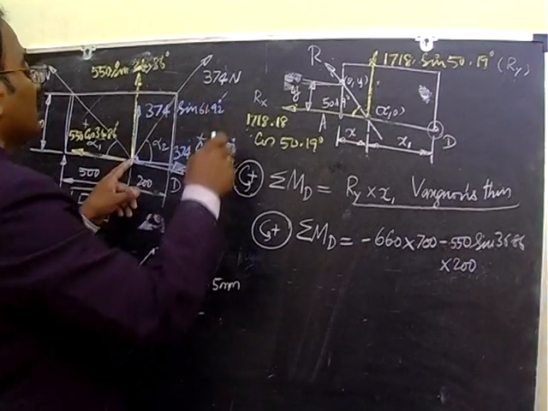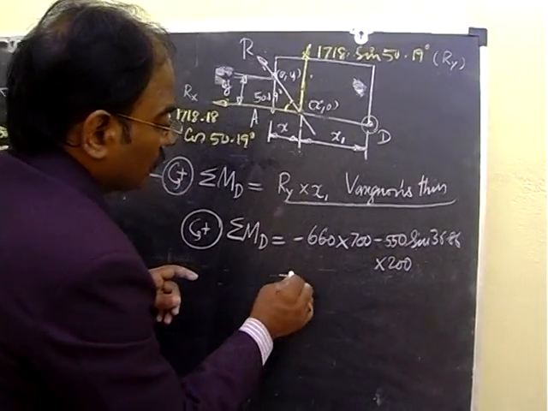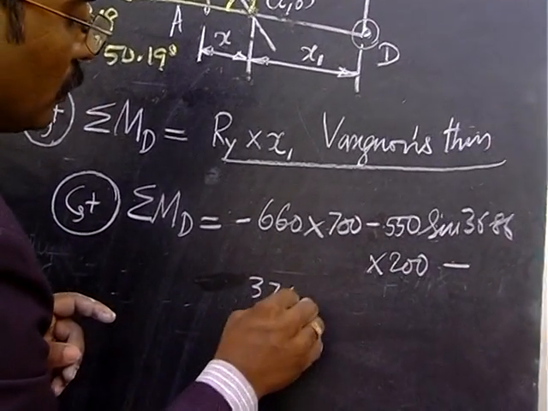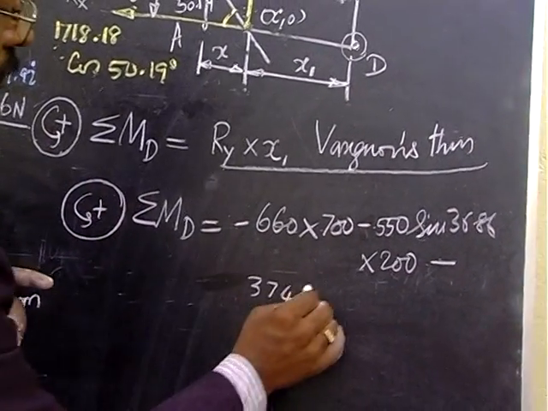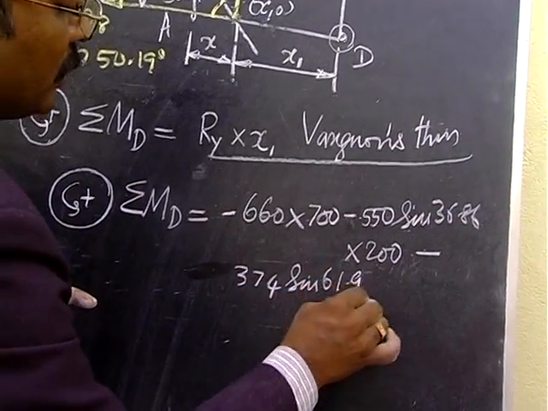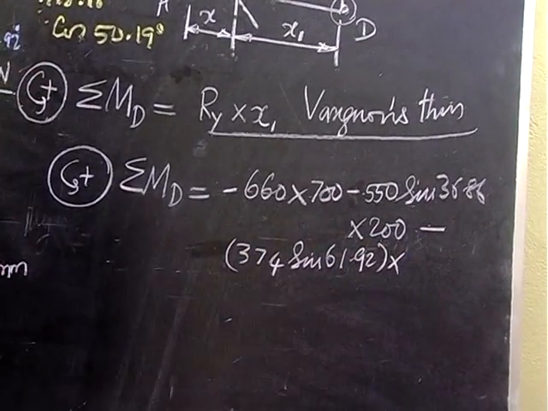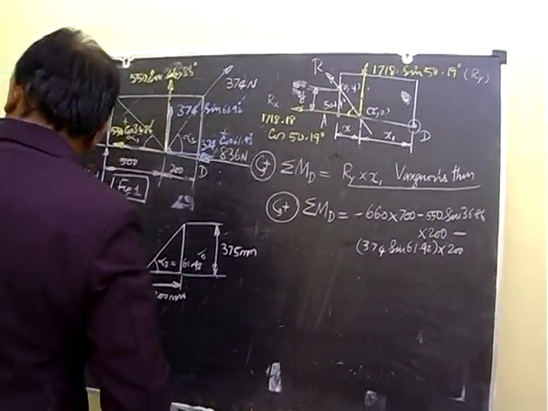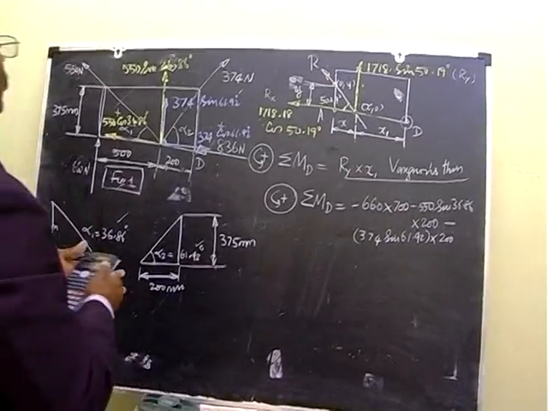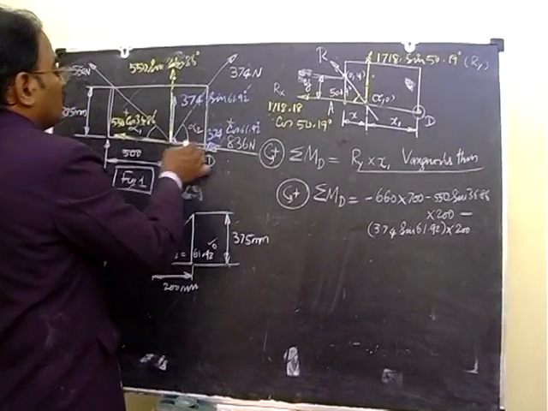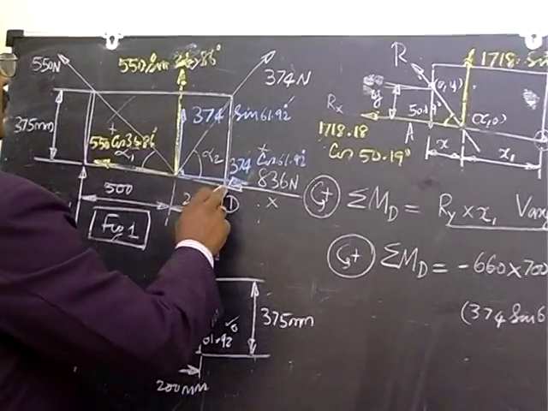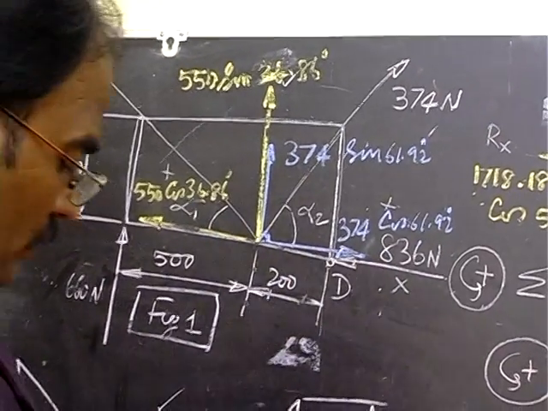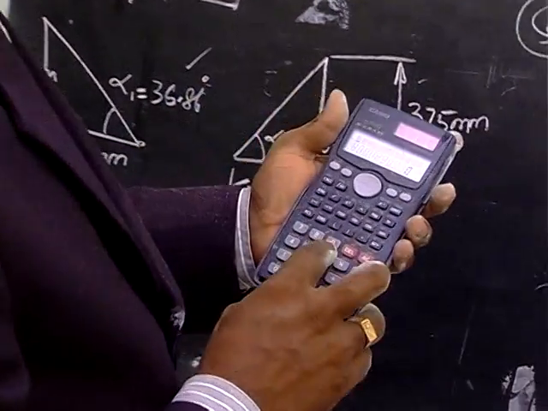Similarly we can consider the 374, that also gives a negative only, so therefore here is minus 374 sine of 61.92, and the same distance 200 can be taken. Now we calculate this with the help of a calculator. We find out the values. 836 also can be neglected as far as moment at D is concerned, because the line of action of 836 passes through this point D. Quickly we calculate these values.